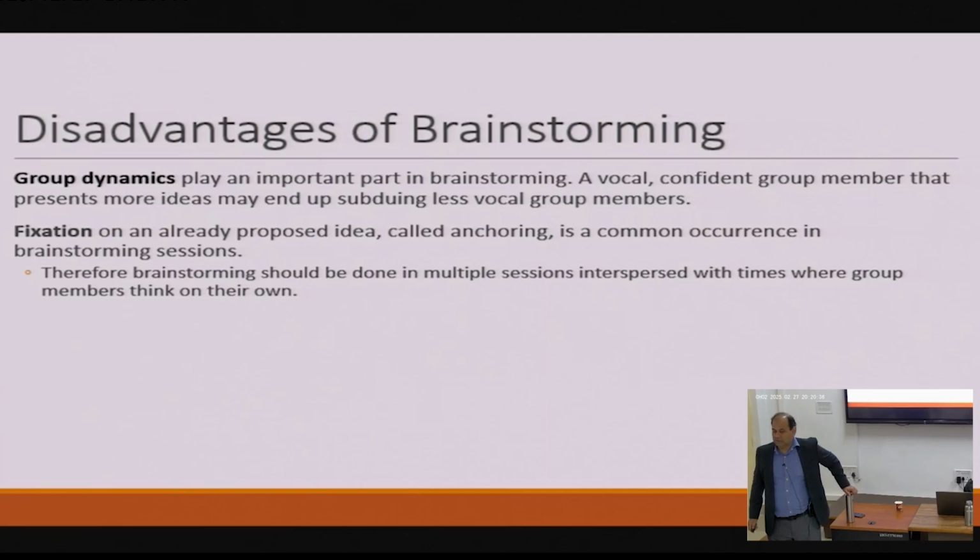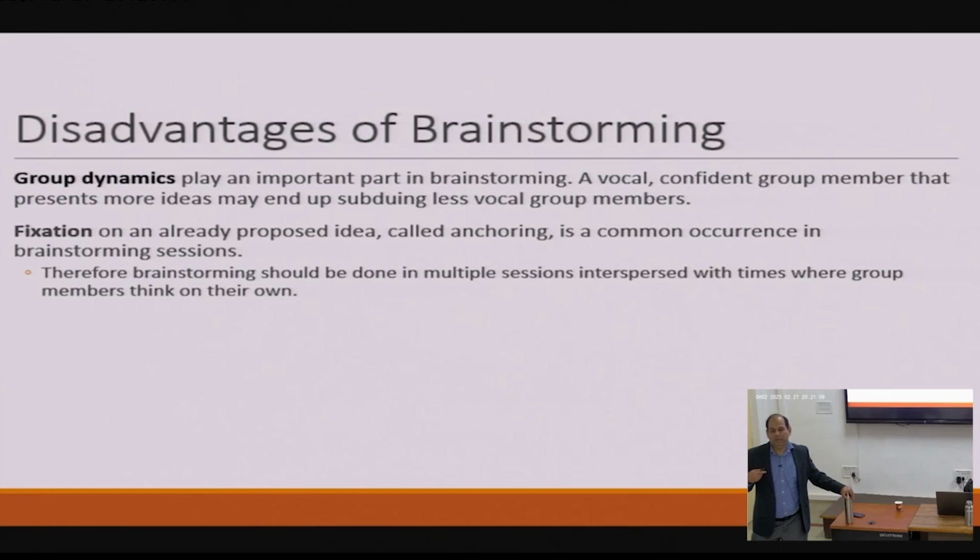Fixation is another thing. This is not necessarily related to people's personalities. If somebody proposes an idea, you get fixated on it. Like, that's a good idea. And then you start thinking about how we can make that idea work, as opposed to thinking maybe it's not such a great idea, right? So you get fixated on a solution, and then you find more and more ways of improving it. It's also called anchoring sometimes. Again, the suggestion is that you should have brainstorming sessions done over multiple sessions.